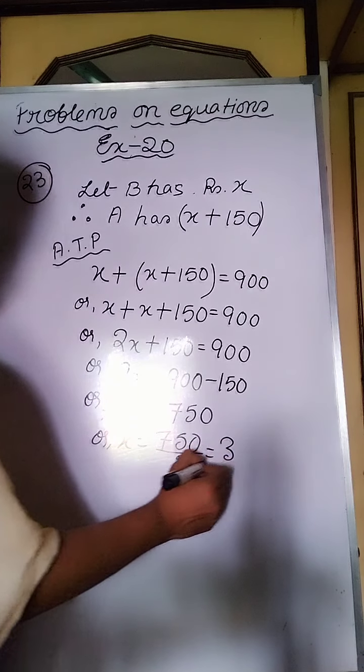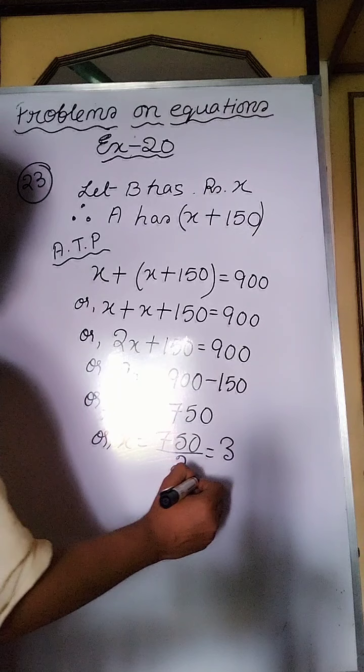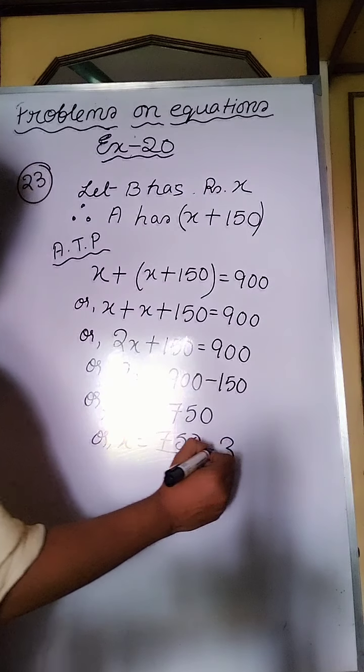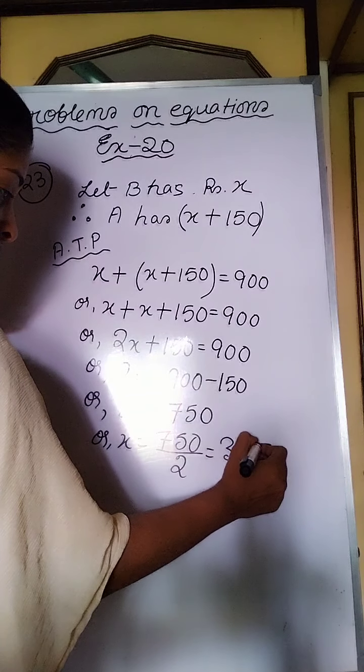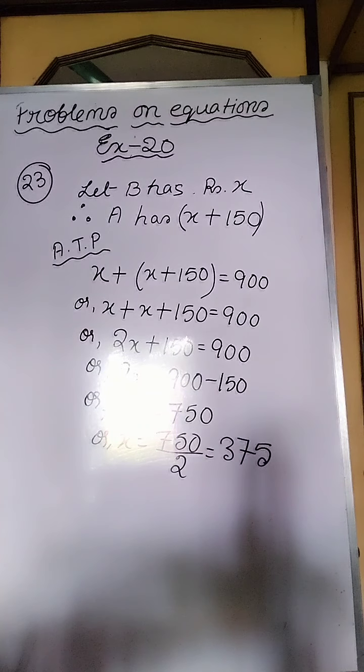2 3s are 6, 15, 2 7s are 14, 375. X is having rupees 375.